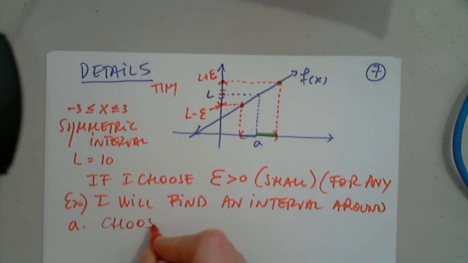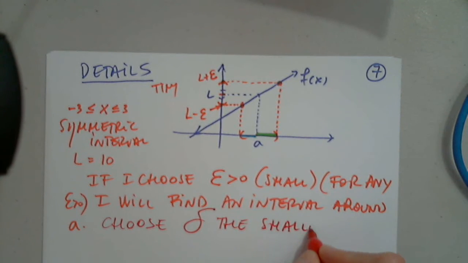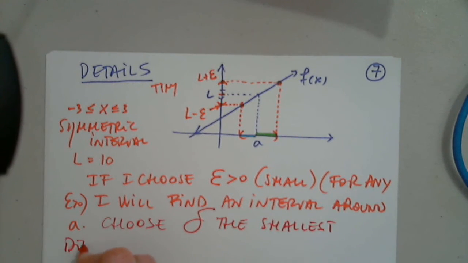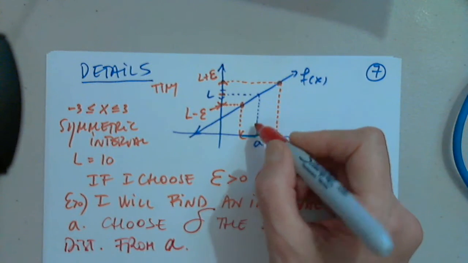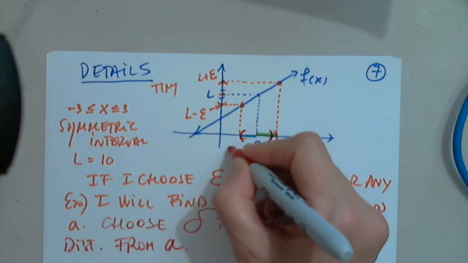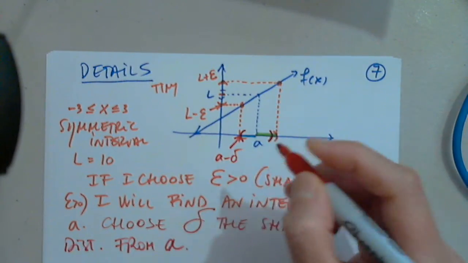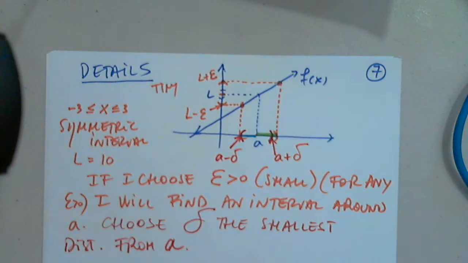Choose delta, the smallest distance from A. So obviously the smallest distance is this, so I'm going to consider this A minus delta and this A plus delta.